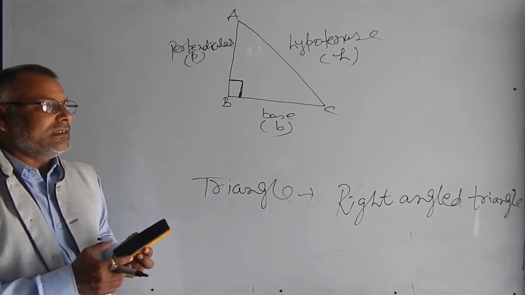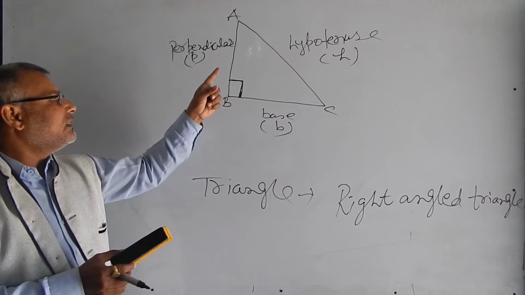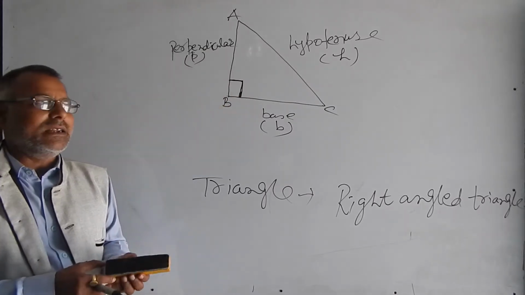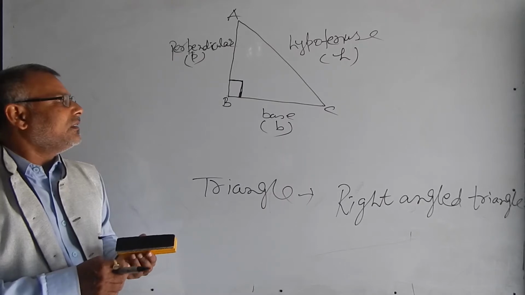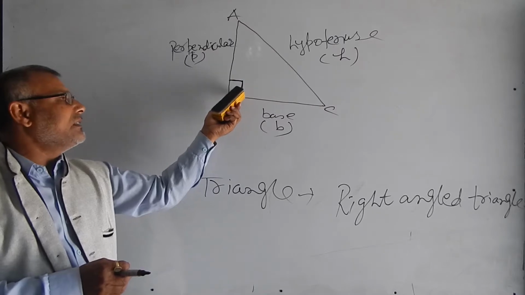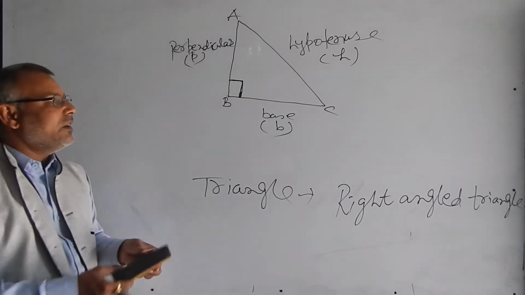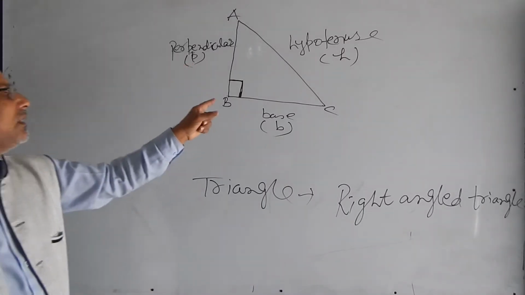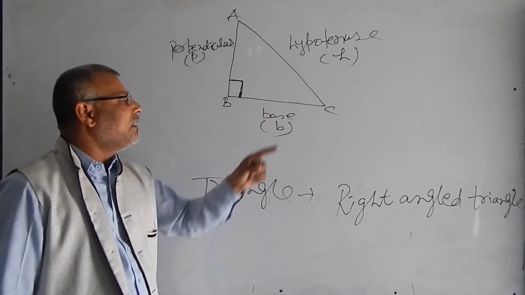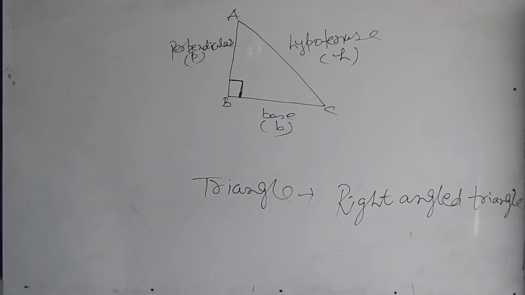Among the three sides, the two sides that make the 90 degrees are the perpendicular and the base. The side opposite to 90 degrees, like in this figure where angle ABC is 90 degrees and its opposite side is AC, is the hypotenuse. And these are the sides in a right angle triangle. This is the introduction of the right angle triangle.